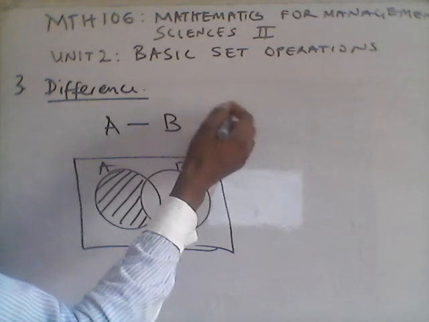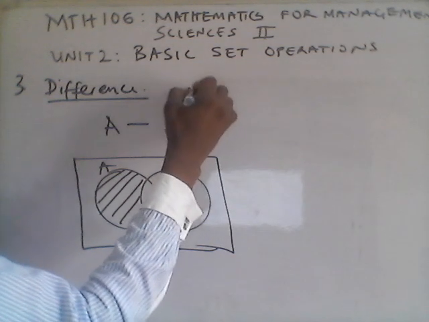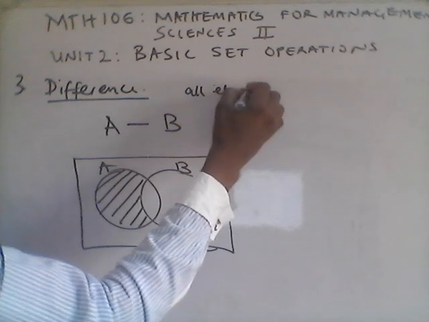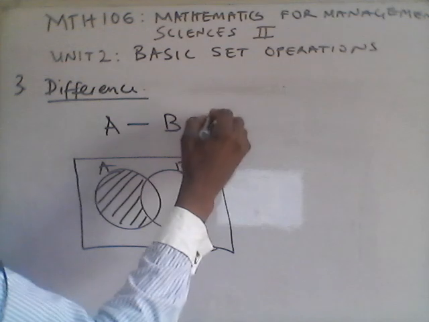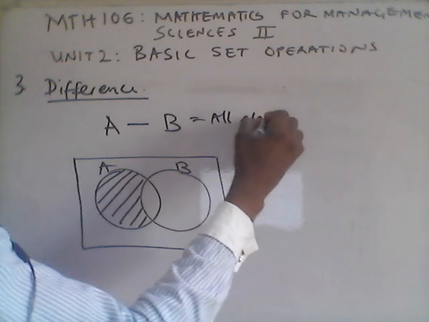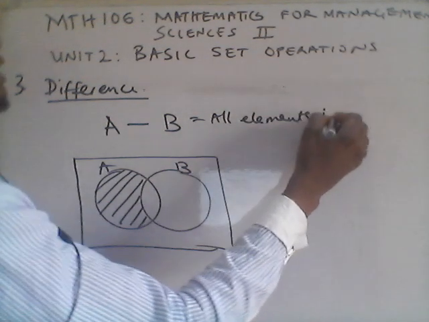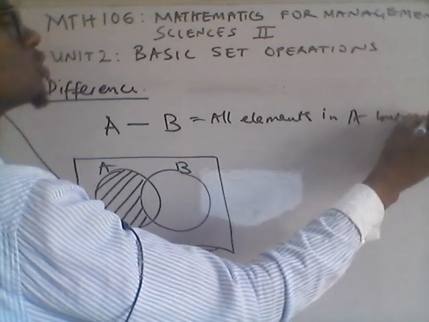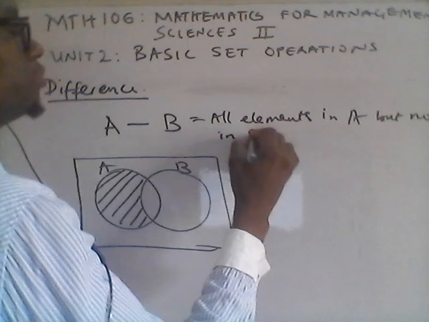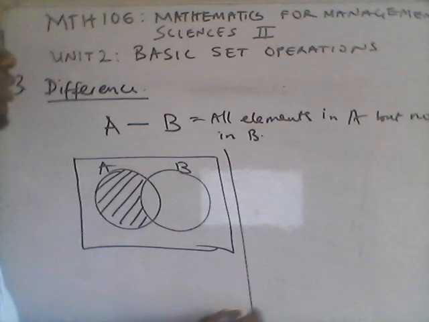By definition, it is all elements in A but not in B. A practical example will be like this.